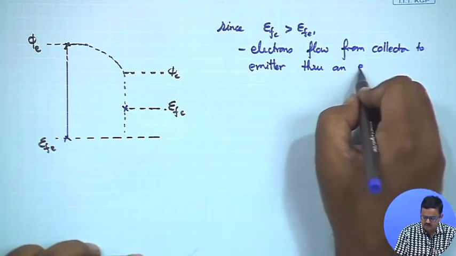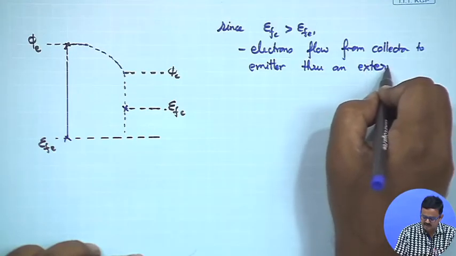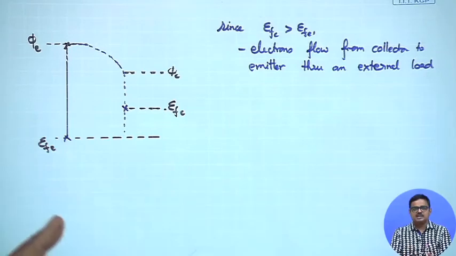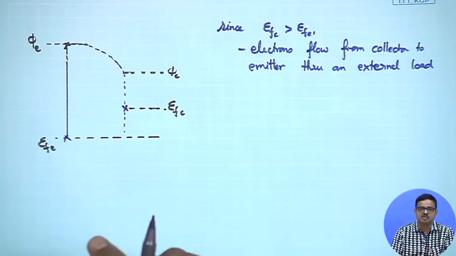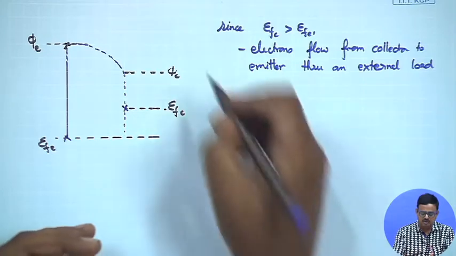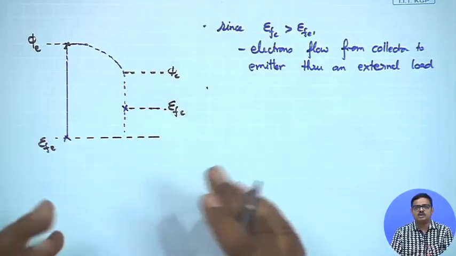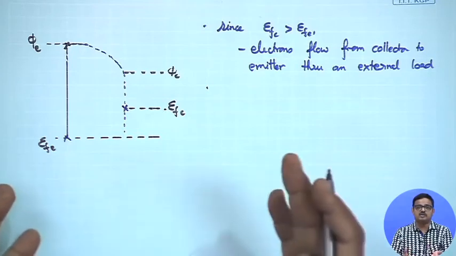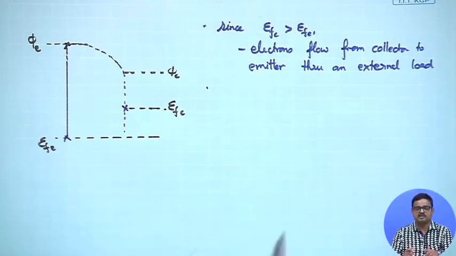Through an external load. If you connect the collector and emitter and close the circuit, then we will have an external current flow from the collector surface to the emitter surface. As the current starts to flow, a voltage develops between the two, which will depend on the value of the resistance of the load that we have connected.